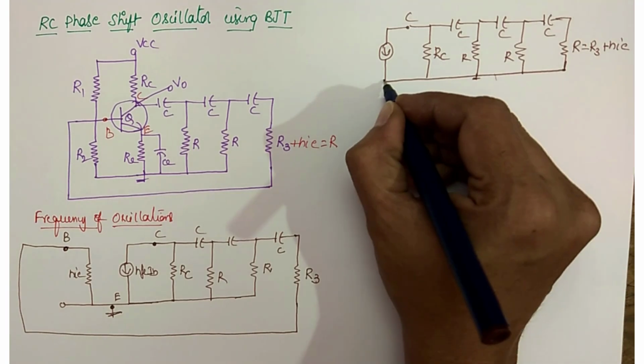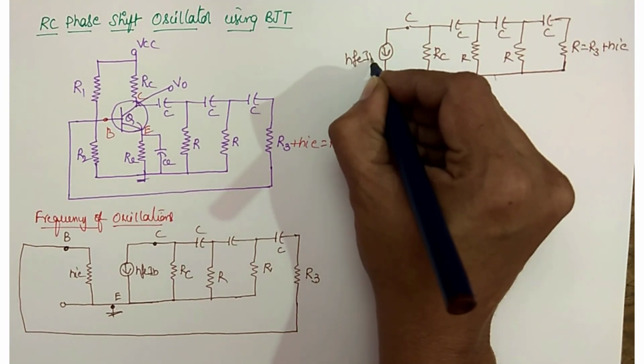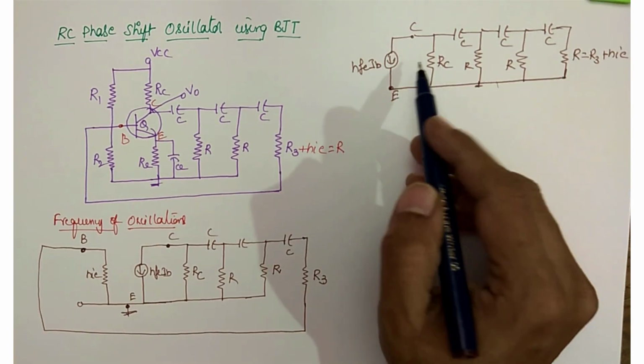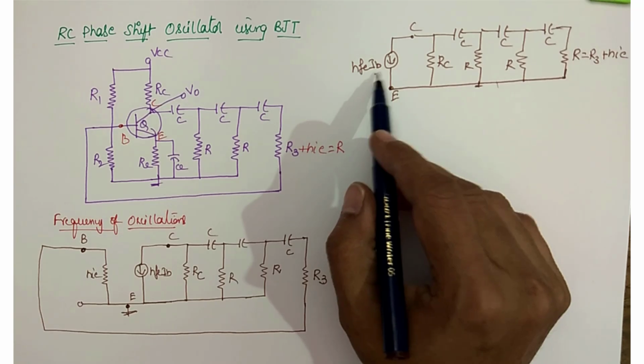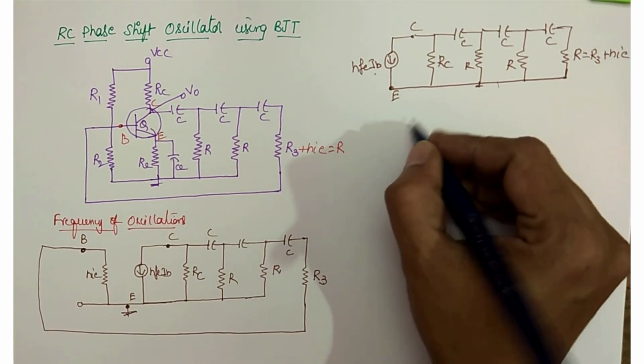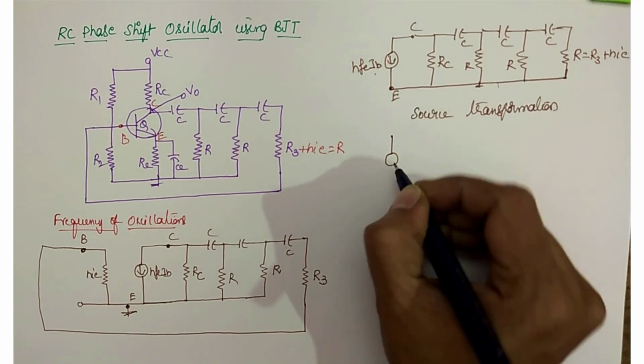So this is the emitter part and the current source is HFE-IB. Now we'll change this current source to a voltage source. Here there is a current source in parallel with the resistor RC.